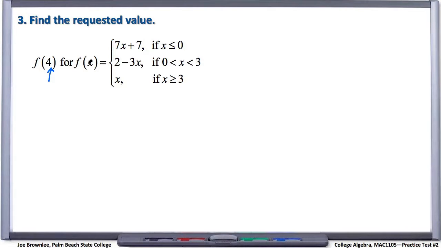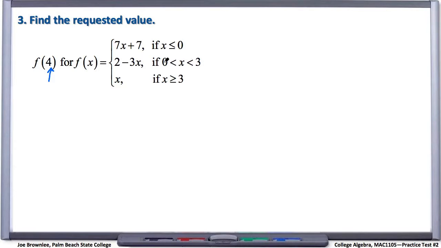So f of x equals 7x plus 7. This part of the piecewise function only exists if x is less than or equal to 0. We have f of x equals 2 minus 3x if 0 is less than x, less than 3.